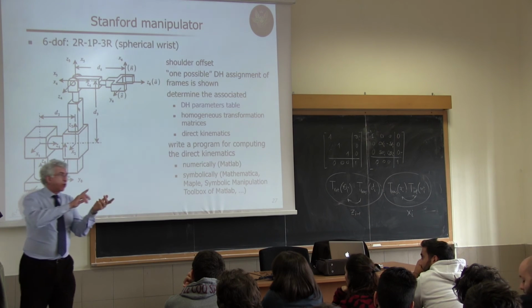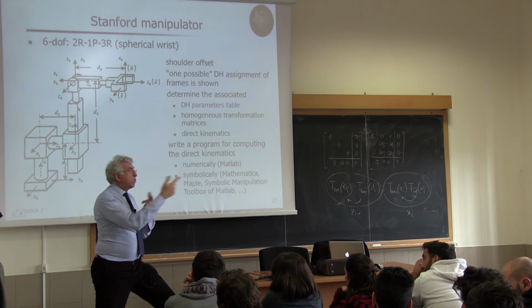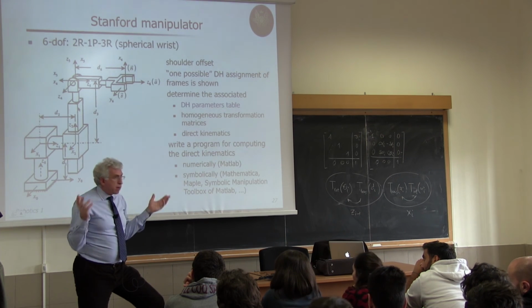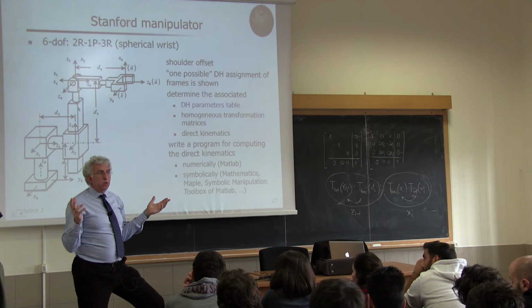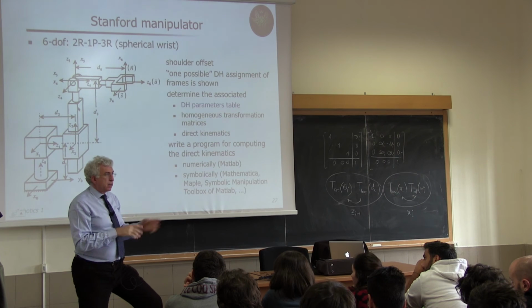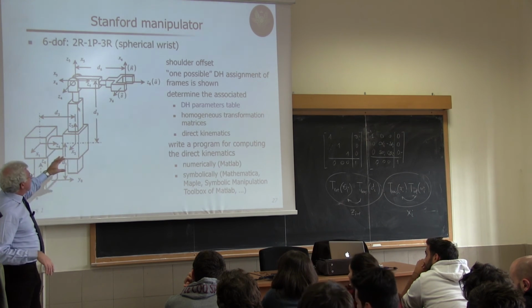Just because for going from one frame to another frame you need to move along the y-axis, which is never the case. So that means that the frames are placed in an incorrect way and cannot be captured by the table of Denavit-Hartenberg. So you have to check this.